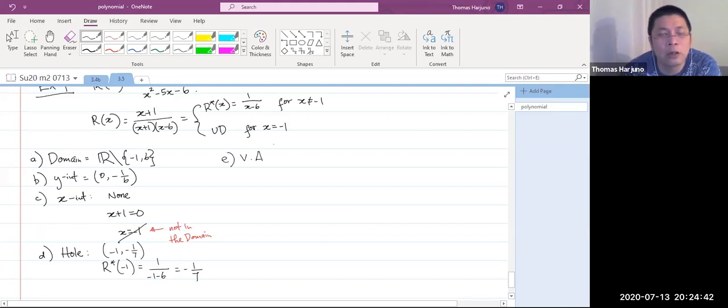We look at the simplified version and the 0 of the denominator. As for the horizontal asymptote, the degree on the top is less than the degree at the bottom, right? The degree on the top is 1, the degree on the bottom is 2. So the horizontal asymptote is y equals 0.